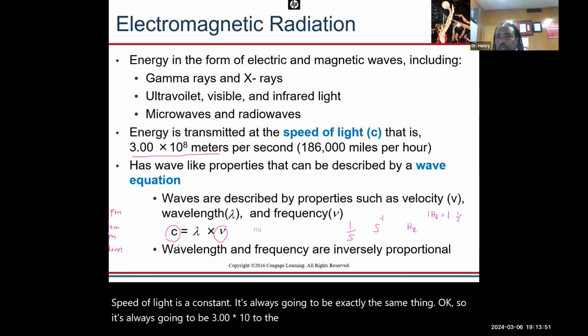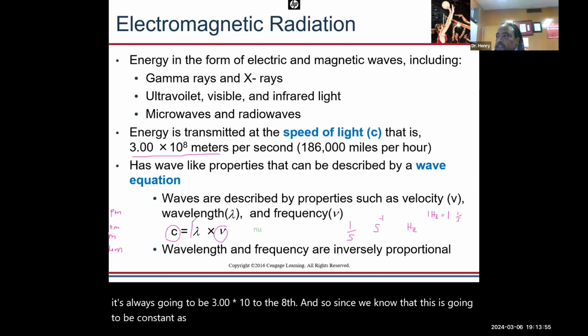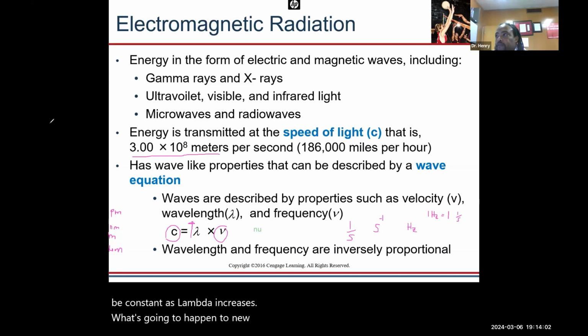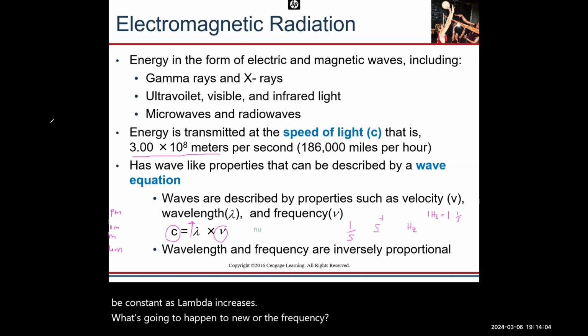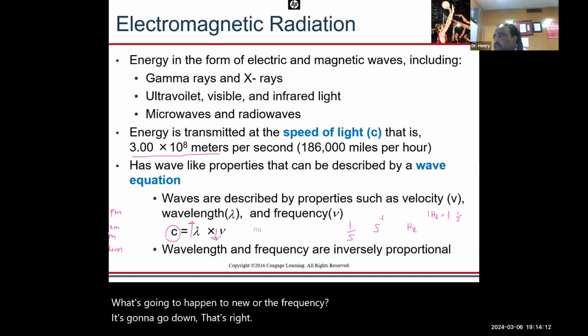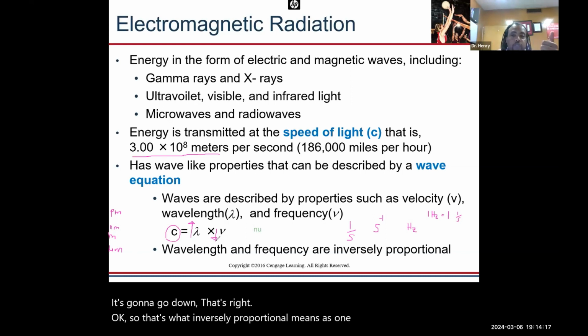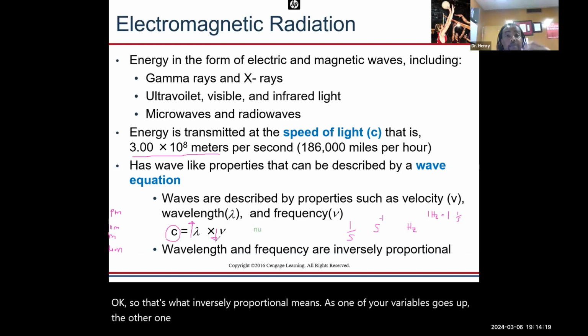Since this is constant, as lambda increases, what's going to happen to nu, the frequency? It'll go down. That's what inversely proportional means. As one of your variables goes up, the other one has to come down to balance itself out.